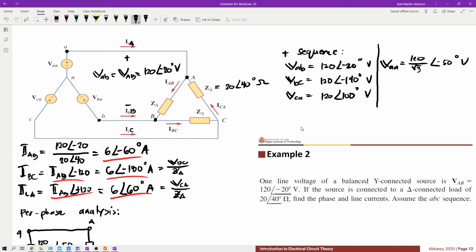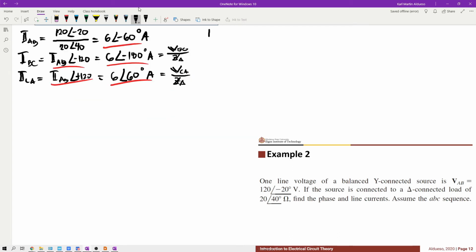So same goes with VBN and VCN. So line current IAA is equivalent to square root of 3 IAB, then you subtract the angle by 30. Which is equivalent to 10.392 angle of negative 90 degrees.